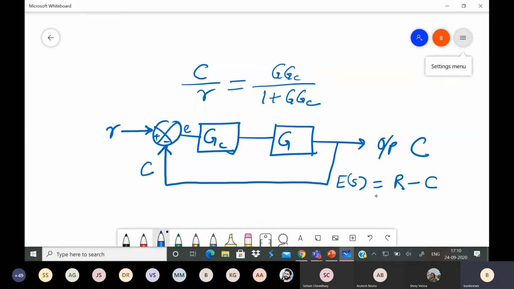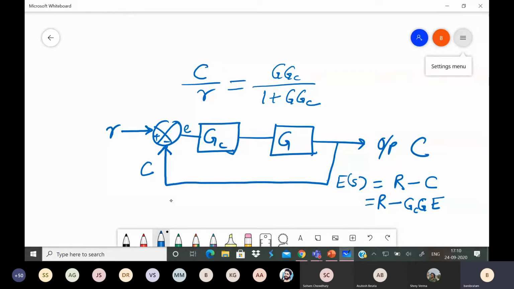Now C, what can you write? R minus C, again C will be equal to what? E into Gc into G. So C you can write as Gc into G into E, is not it?